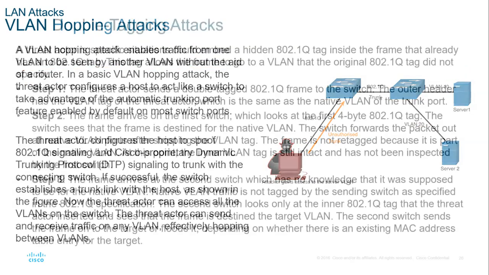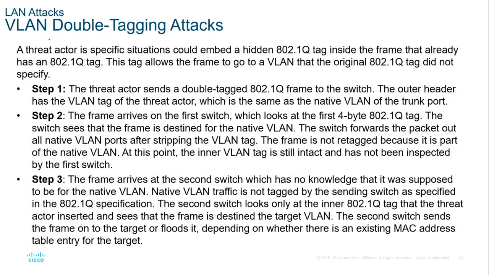Then we have what we call VLAN double tagging. A threat actor, in specific situations, could embed a hidden tag inside a frame that already has a tag. This tag allows the frame to go to a VLAN that the original tag did not specify.